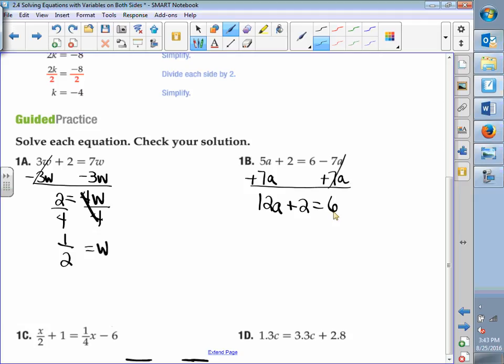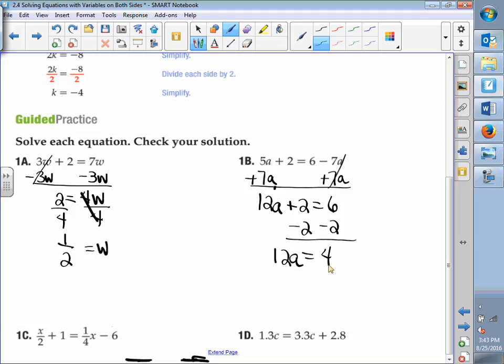Now, we still want to get the 12a by itself, the term that has a variable. So what do I need to get rid of? Tommy? The 2. So how am I going to do that? Subtract 2. Very good. So we're going to subtract 2 on both sides. We end up with 12a is equal to 4.